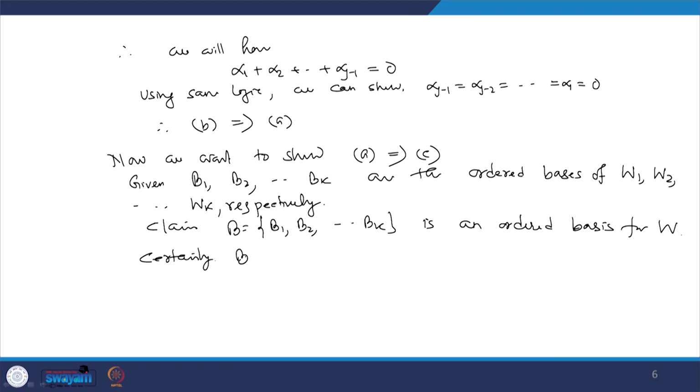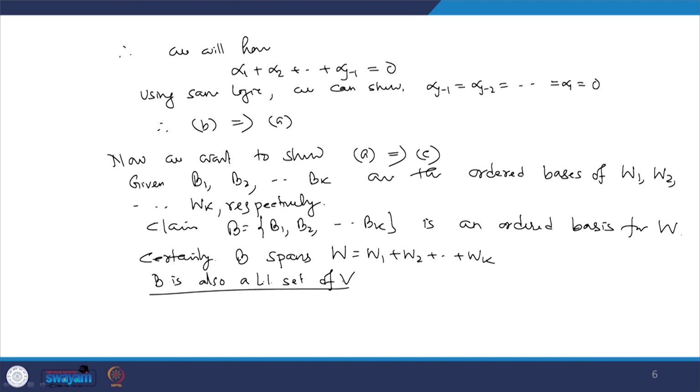Certainly, B spans W, which is equal to W1 plus W2 plus ... Wk. So, now we want to show B is also a linearly independent set.